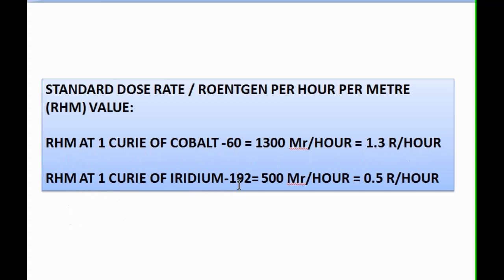RHM at 1 Curie of iridium 192 is 500 mR per hour, equal to 0.5 Roentgen per hour.